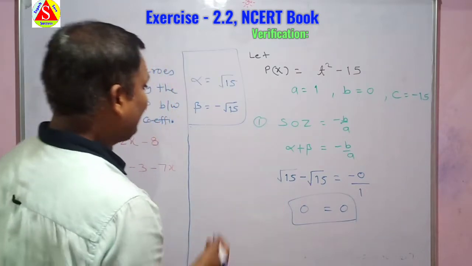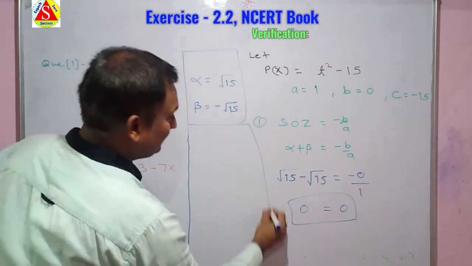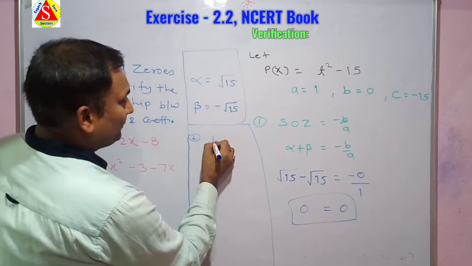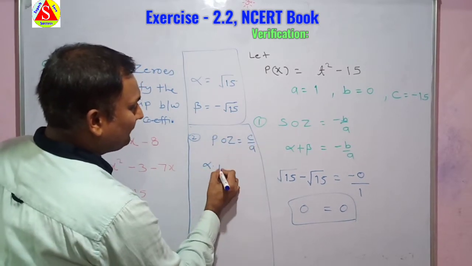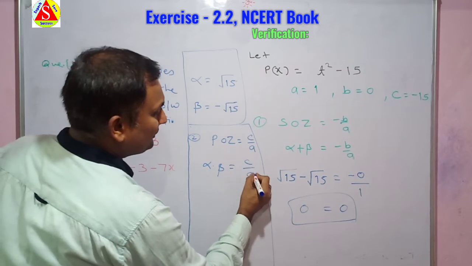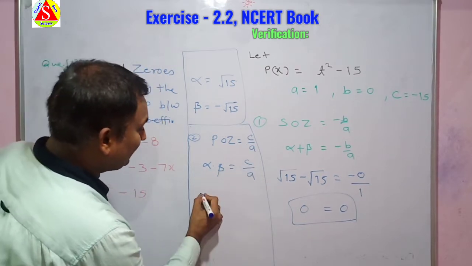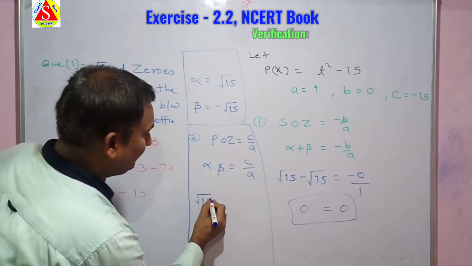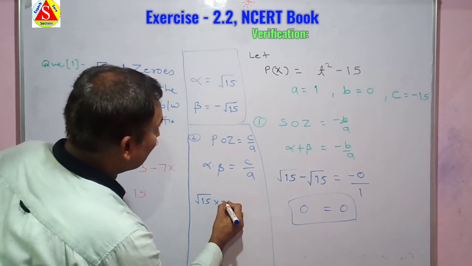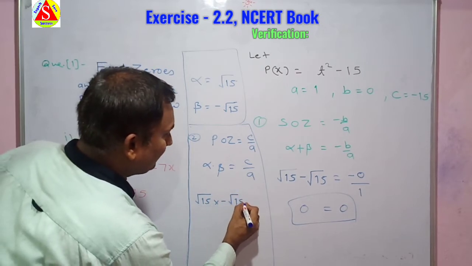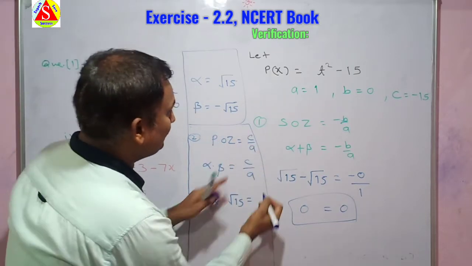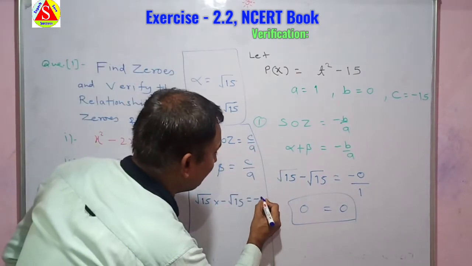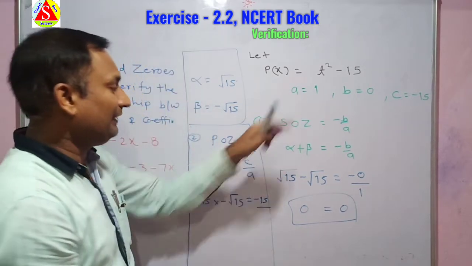Now let's verify the second one, that is the product of zeros. We know that it is equal to c by a. Let's put the values: alpha is equal to under root 15 and beta is minus under root 15. On the right side we will have c as minus 15 and the value of a is 1.